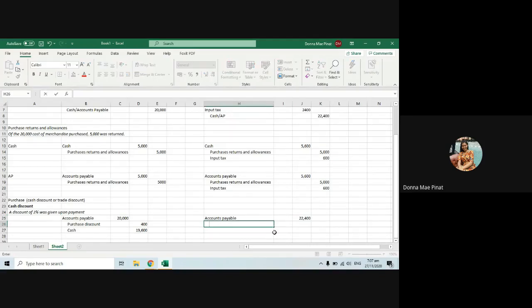Then, accounts payable, you have here purchase discount. You base your purchase discount on the same 20,000. You don't include the VAT in the discount, the VAT is not discounted. It has no discount. 0.12. Ay, no, 0.02.